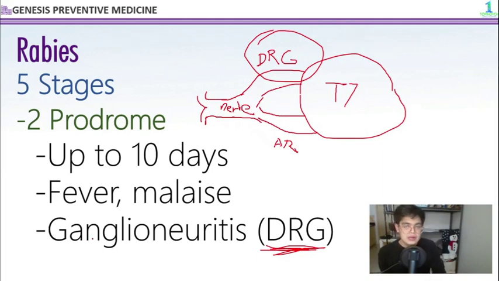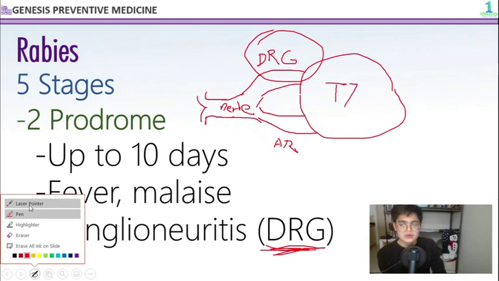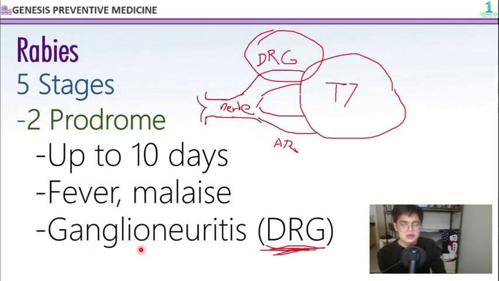Ganglioneuritis occurs because the DRG, the posterior root, is mainly responsible for somatic sensation. Because the rabies virus travels through a highway of nerves and will most likely end up here first, that is the symptomatic manifestation of the rabies virus, which is ganglioneuritis paresthesia.